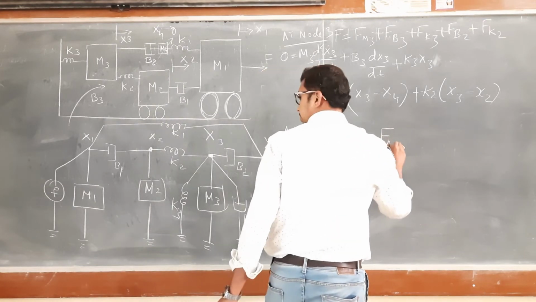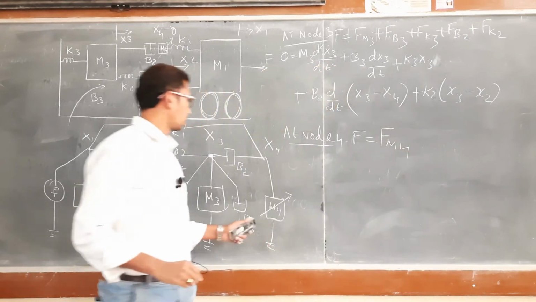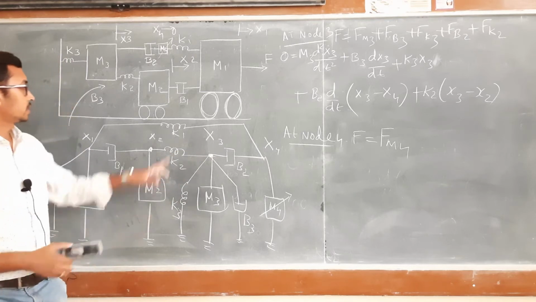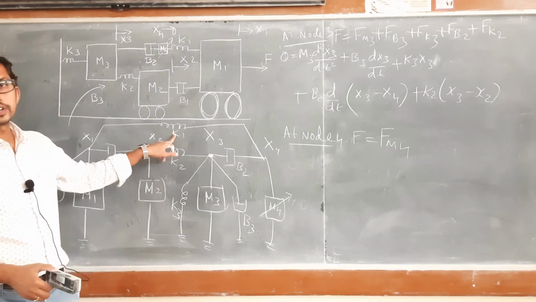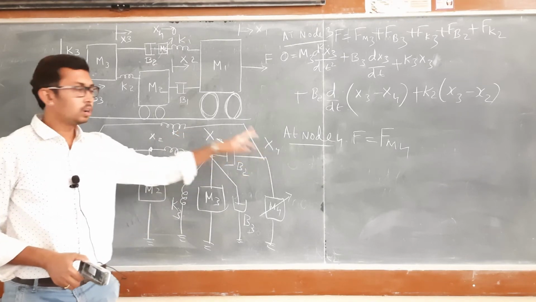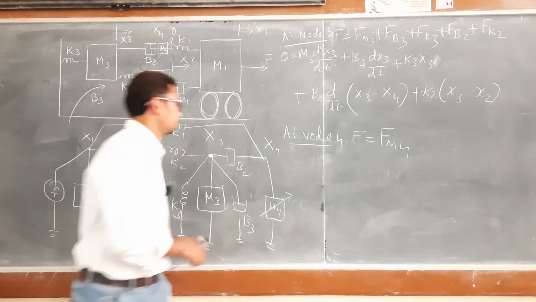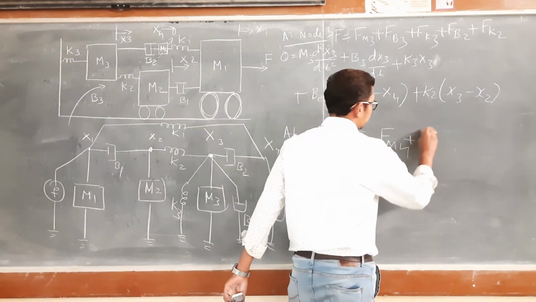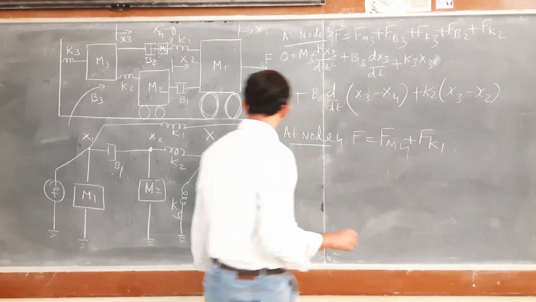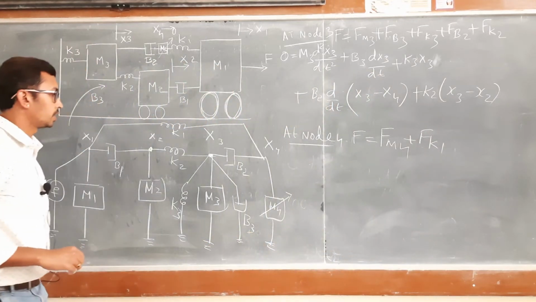F of M4. Next, what else do we have? This K1 is there, right? So this K1 is between node number 4 and node number 1. So F of K1.